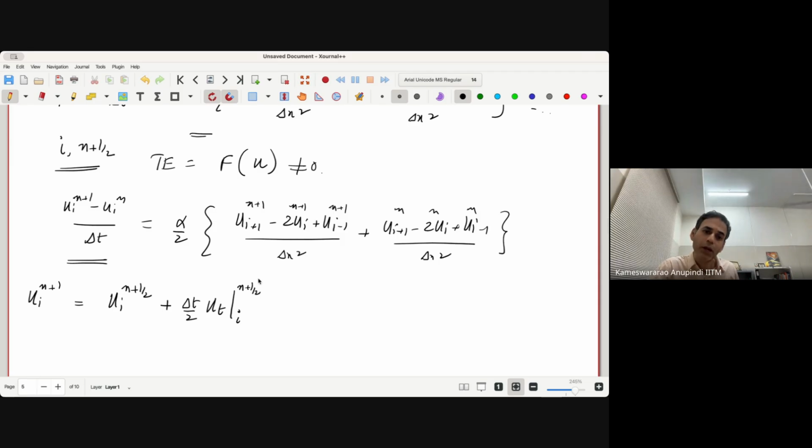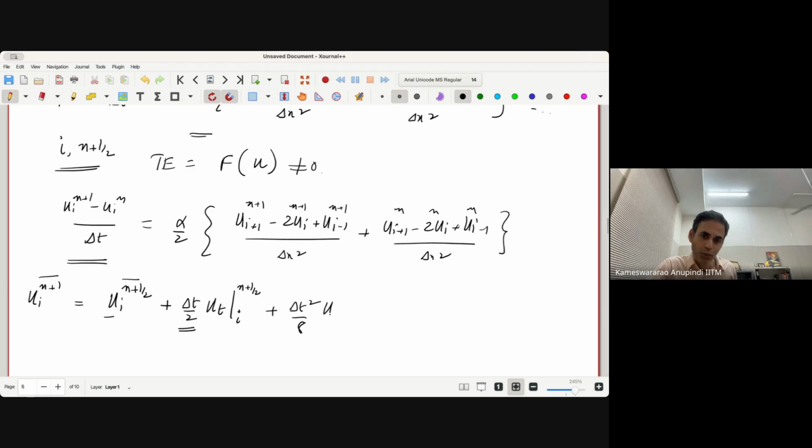We will not write this for each of the terms, but we keep at the back of our mind that all these derivatives are at i and n plus half. We should be cautious that the time step between n plus half and n plus 1 is only delta t by 2. So this is going to be delta t by 2 whole square by 2 factorial, that will come out to be delta t square by 8.